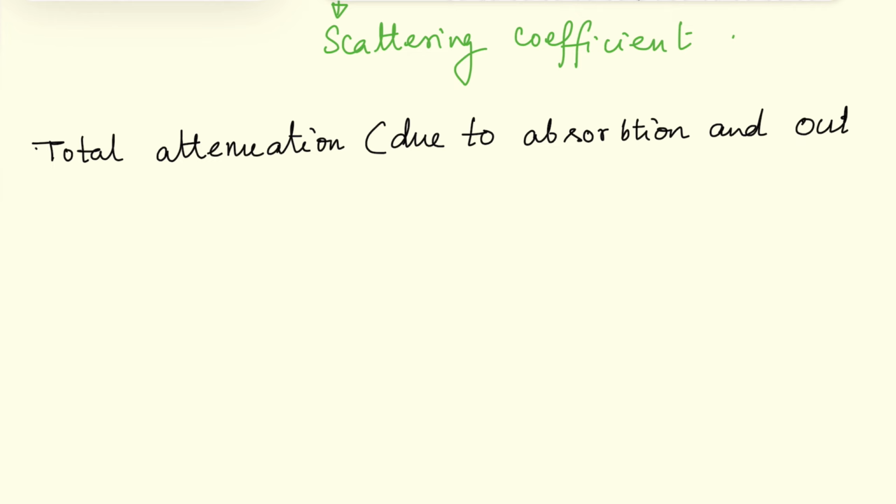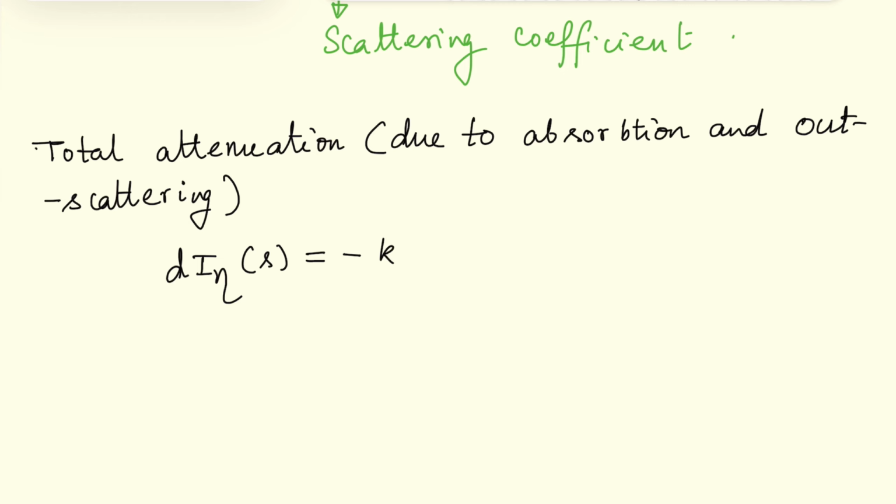So dIη(s) is equal to minus kη Iηs ds minus σηs Iηs ds.